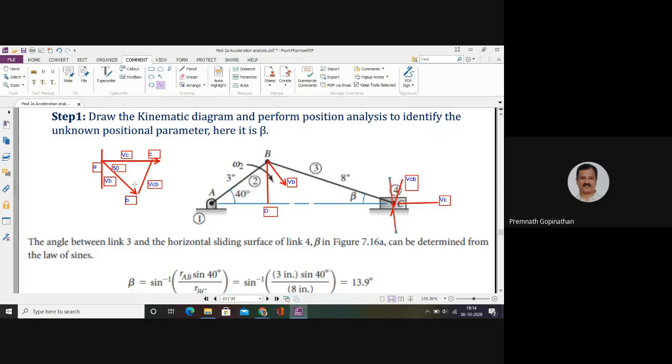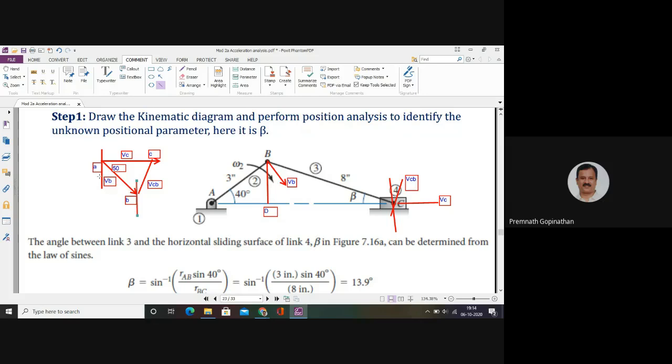So that means if I consider the inclination, the vertical here at point B, the angle between the vertical and VCB will be obtained as beta itself. That is 13.9. Okay.